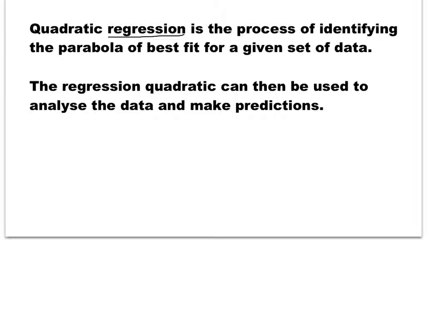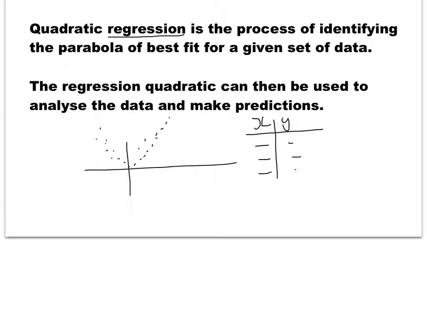What it means is that if I plot the data points, something like this one, or if I have the related table of values x and y, remember that this table of values when plotted gives you this scatter plot. What you're supposed to do in quadratic regression is to find the quadratic of best fit which goes through these points. This is called the quadratic regression, like the linear regression that we did in the previous lessons.